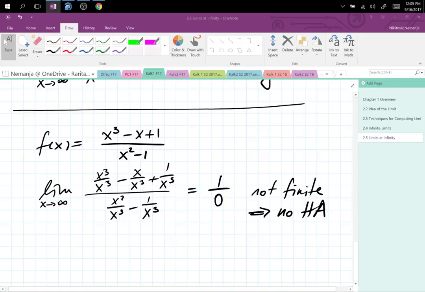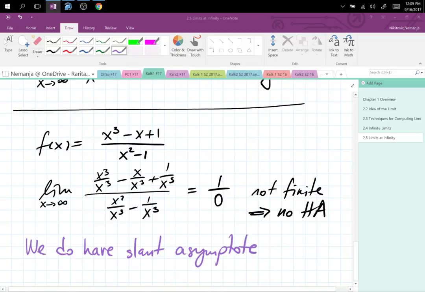However, we do have a slant asymptote. Depending on whose textbook you used in the past, it might be called the oblique asymptote. That's another way, oblique asymptote.